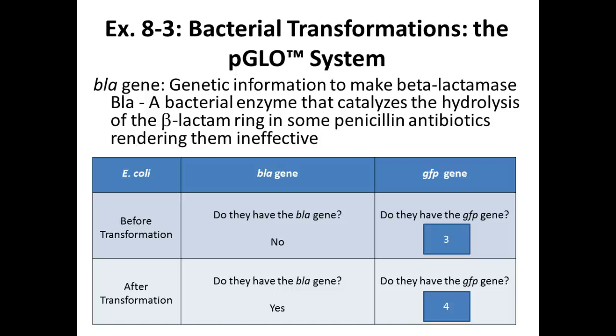But how do they really know that it's antibiotic? Do they have a way of sensing its antibiotic resistance? Well, that gene is always expressed. It's constitutive. If the plasmid goes in, it's going to make the beta-lactamase enzyme. And if they're on media that has ampicillin, they sure as well better have that. So it's that selective pressure that keeps the plasmid.